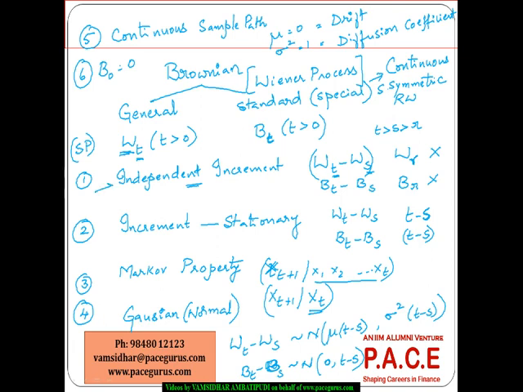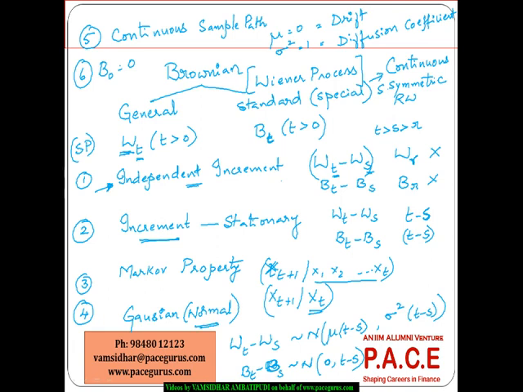The difference between today's price and yesterday's price is not dependent on the day before yesterday's price. The difference between today's and yesterday's is only dependent on the time difference between these two periods, and not on the values between the two periods.